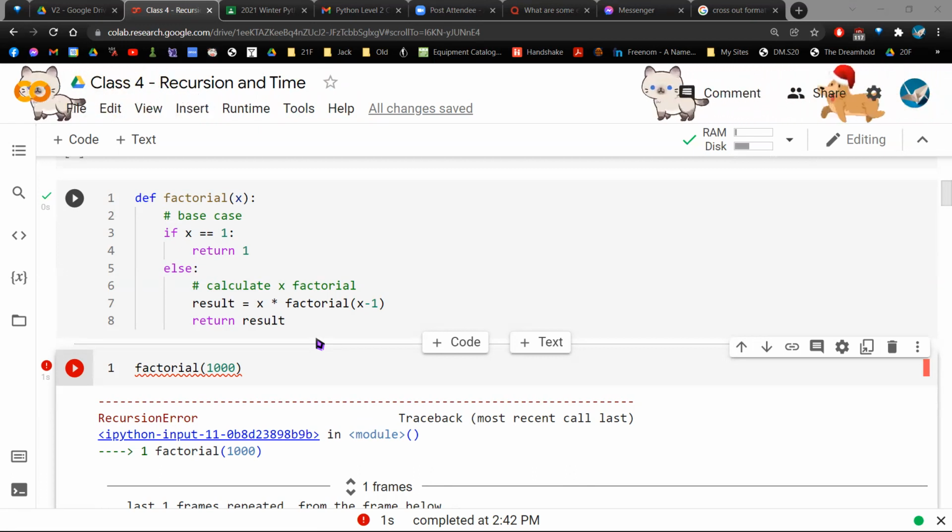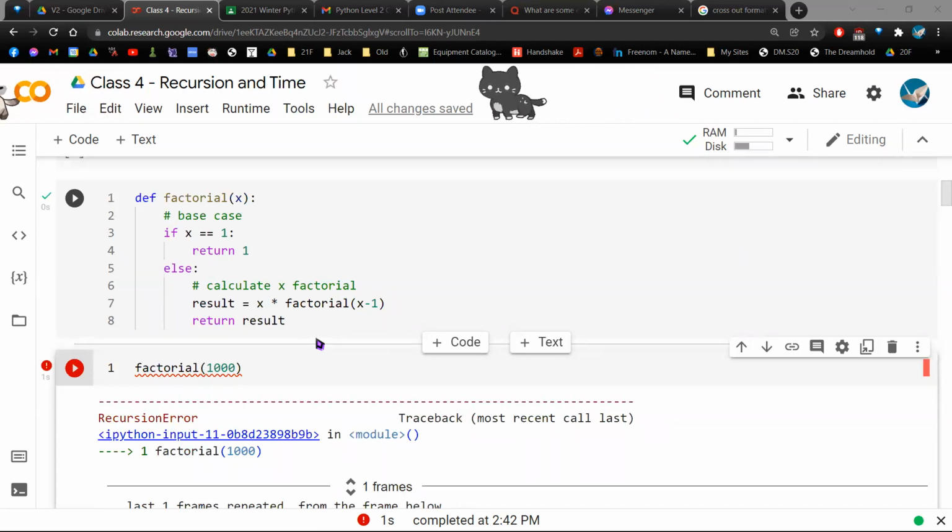Because factorial x is waiting on factorial x minus 1. Factorial x minus 1 is waiting on factorial x minus 2. They're all waiting on another call. And until you reach x equals 1, you're just waiting, right? And so the computer has to keep track of all these waiting functions. And your computer only has so much space.